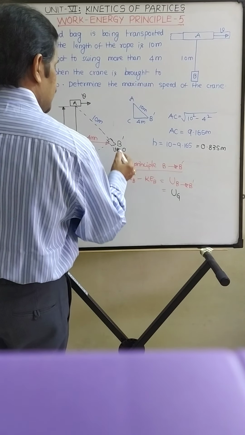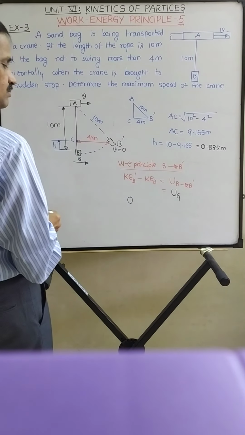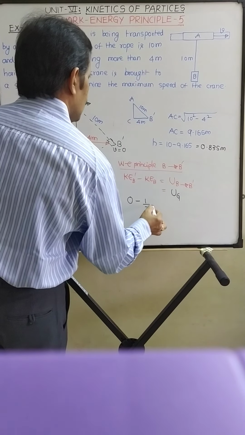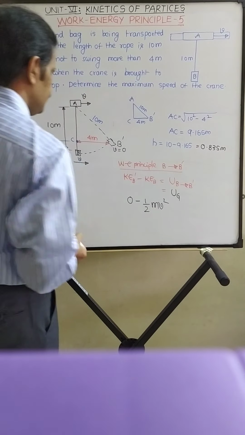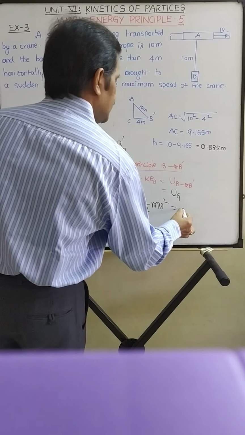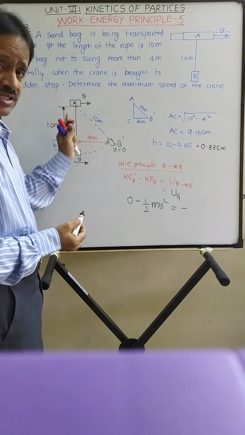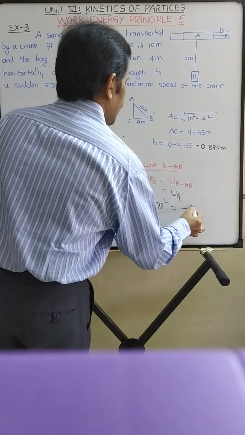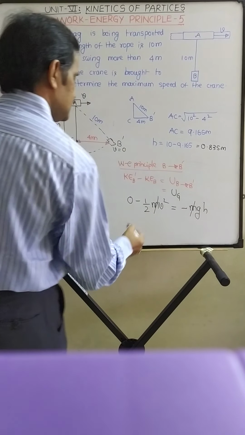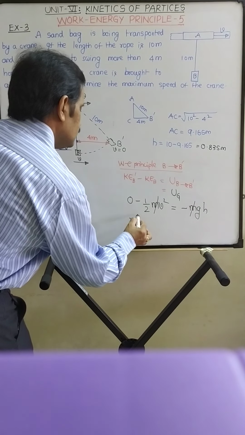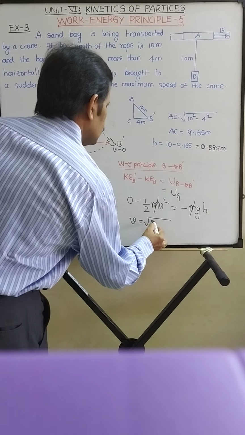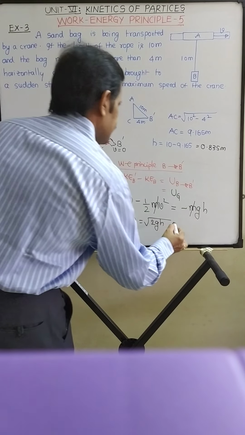Now, what is the kinetic energy at B dash? It is 0 because the velocity is 0. The kinetic energy at B is minus half m v square, where v is the speed of the bag at B, equal to the work done by gravity. It is minus, right? Because this vertical displacement is upwards. Minus m g h. So you can cancel m and the minus. So you will have v equal to square root of 2gh.